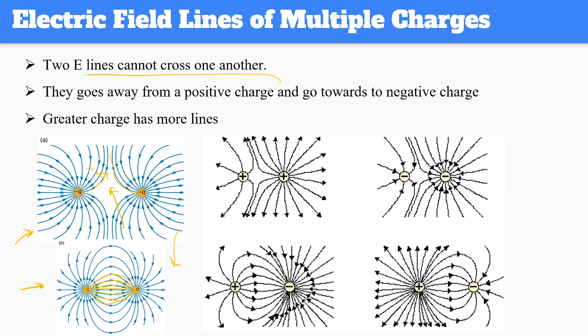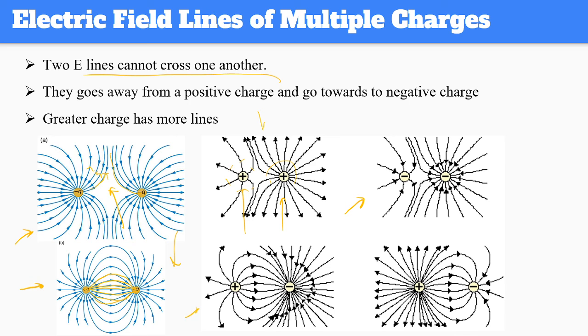What happens if the charges have different magnitudes? You are going to have similar things, but look at what is happening here. The first charge has 1, 2, 3, 4, 5, 6 lines, but the other one has a lot more than that, so we can consider that this charge is greater than the first charge. Same thing for the second picture.